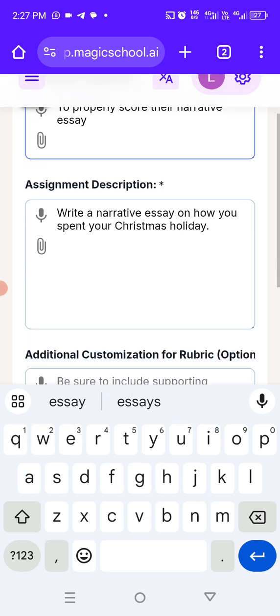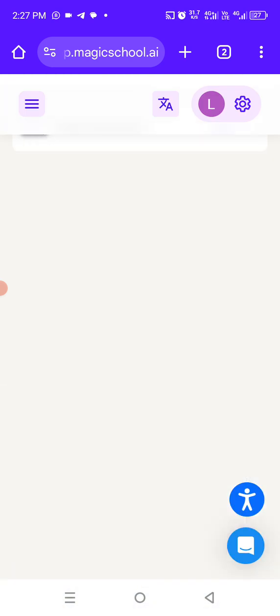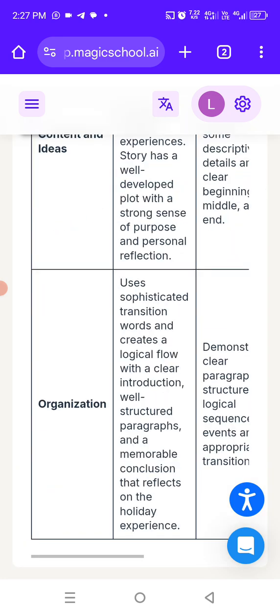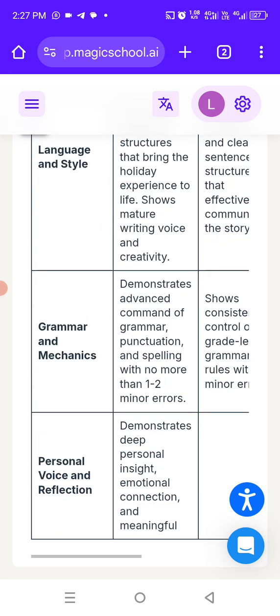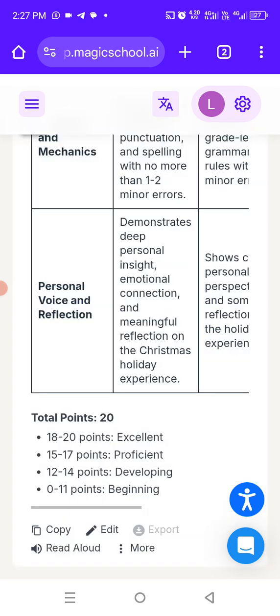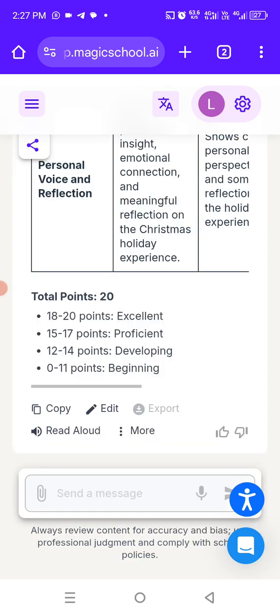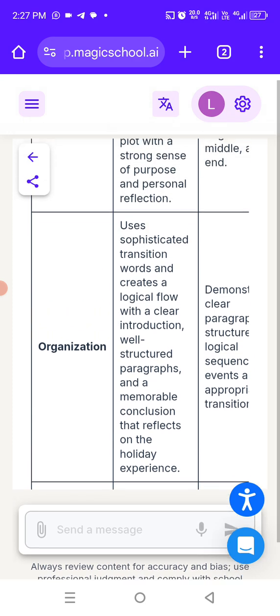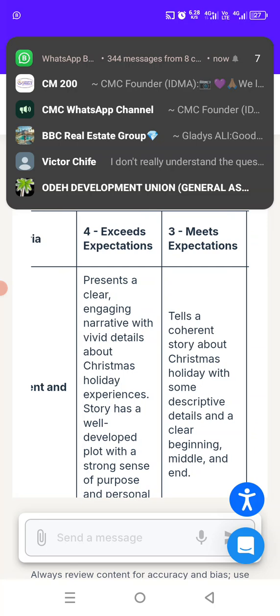Let me just put it like that. So let's press generate. Do you see that? Look at that. Now you can see this.